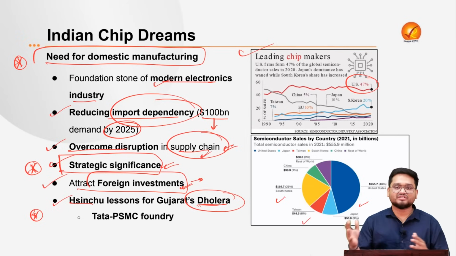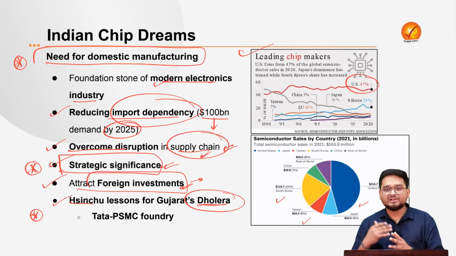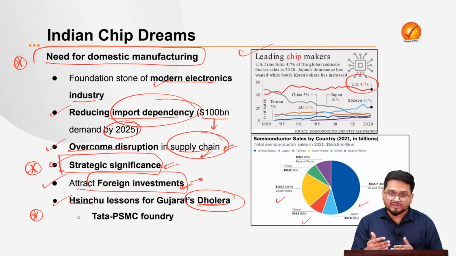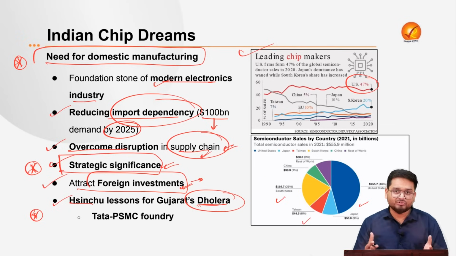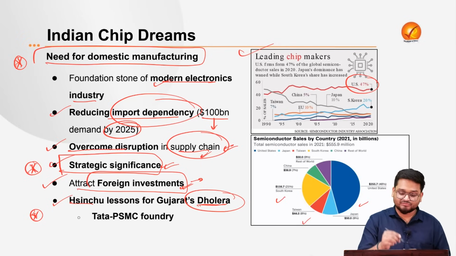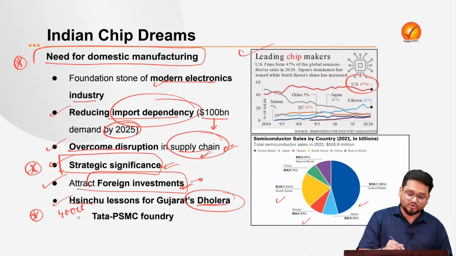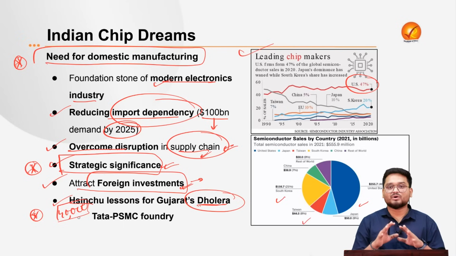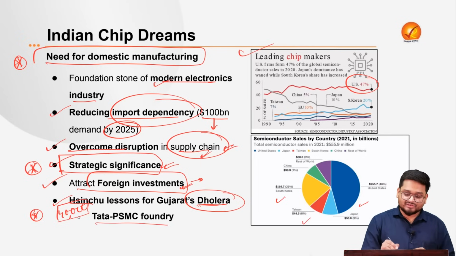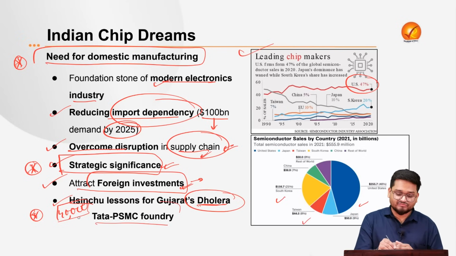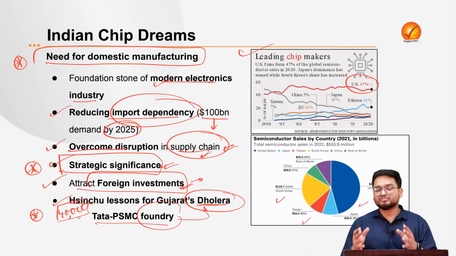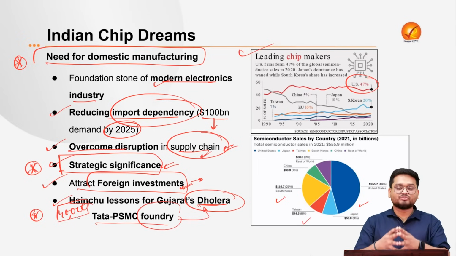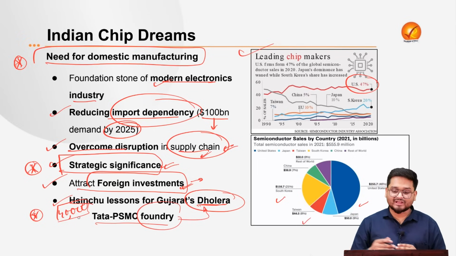There were no industries there in Taiwan, and gradually, through government schemes and promotions to set up semiconductor industries, the town developed, and now the average per capita income is around $40,000 in this particular town itself. And obviously the setting up of the Tata PSMC foundry in Gujarat's Dholera is also very much encouraged as of now. So we have to see how this particular issue spans out.